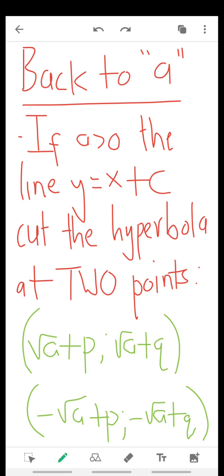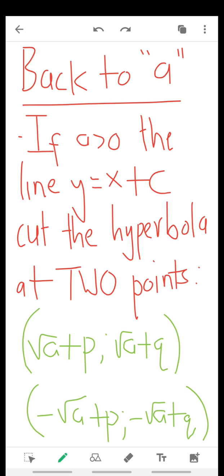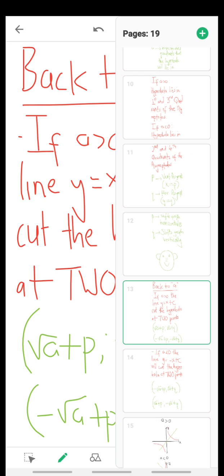Remember, since both of these coordinates are positive, this will be the one in the first quadrant where both x and y are positive. And then here we have a negative x and a negative y. That means this will be the coordinates in the third quadrant where both x and y are negative. This is very, very important. So these will be the 2 points that are intersected by the axis of symmetry.